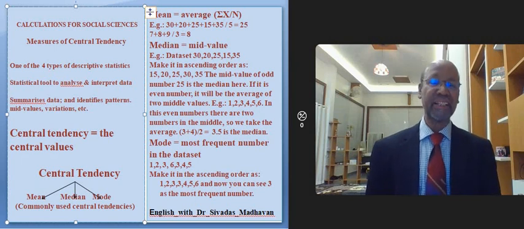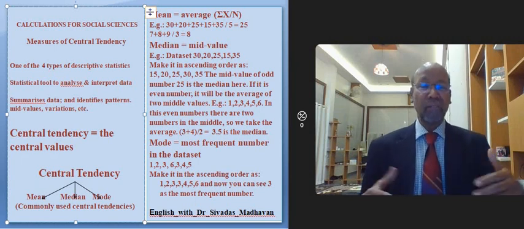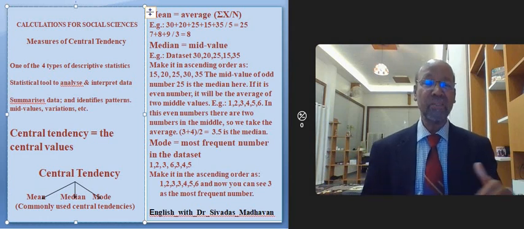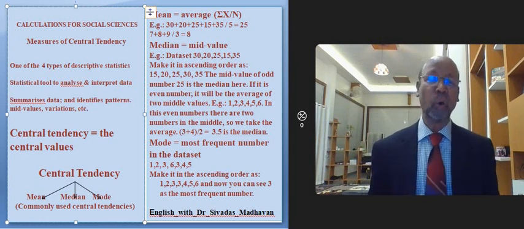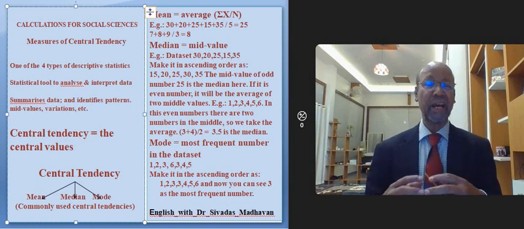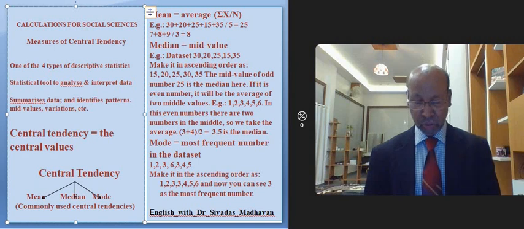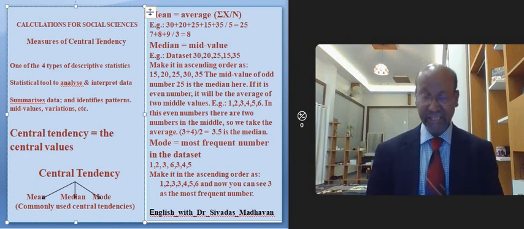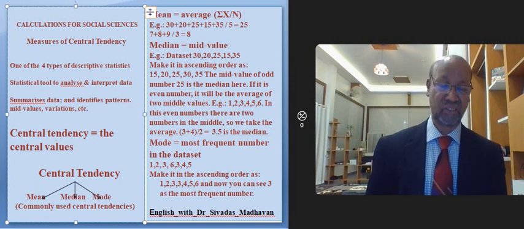For convenience, you will order the numbers in ascending order. So first put the data points in ascending order. It will be 1, 2, 3, 3, 4, 5 and 6.